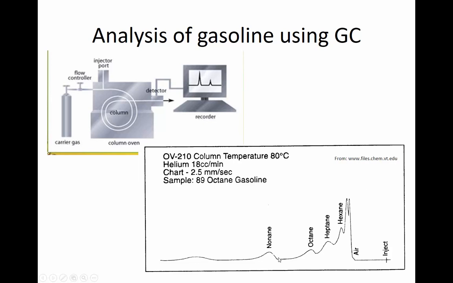Hexane, heptane, octane, and some nonane, and maybe this is decane out here, I don't know. But you can run them through the gas chromatography. They'll stick in varying areas to the GC column wall, and that will help separate these compounds from the gasoline mixture. So when they reach the flame ionization detector, we can detect individual compounds.